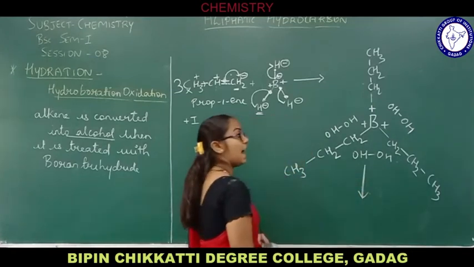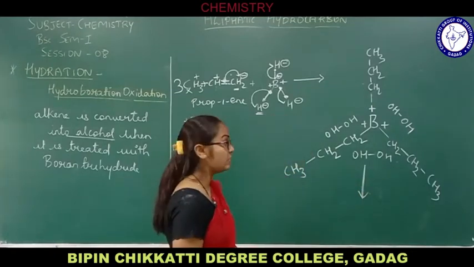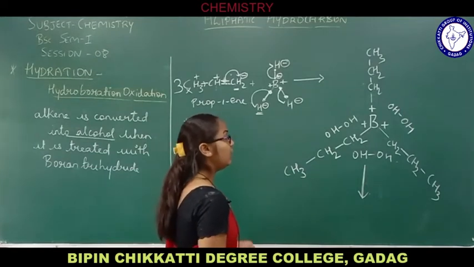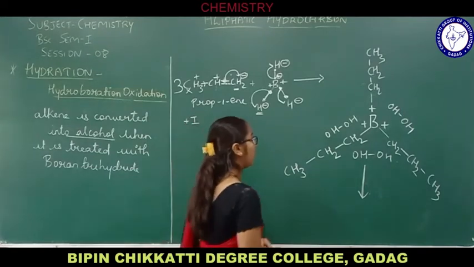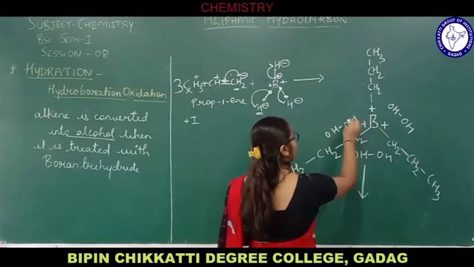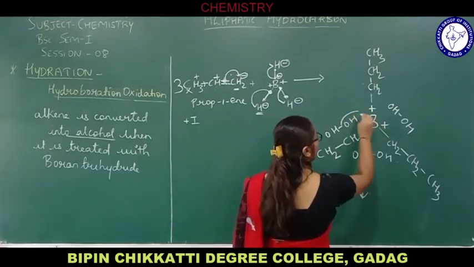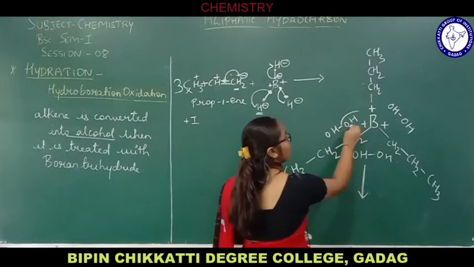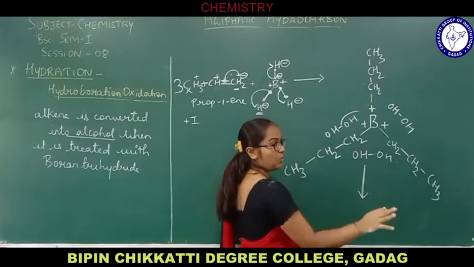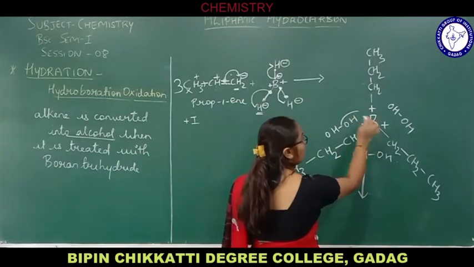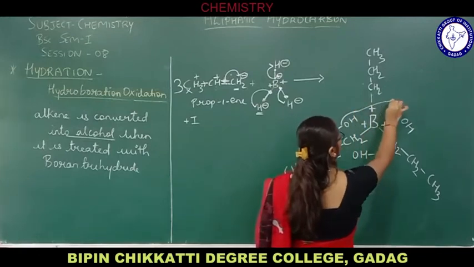Now once we have added these 3 molecules of hydrogen peroxide, let's see how the alcohol will get formed. See, this OH will go and get combined with this boron. Each hydroxyl group of each peroxide molecule will get attached to this boron, okay.